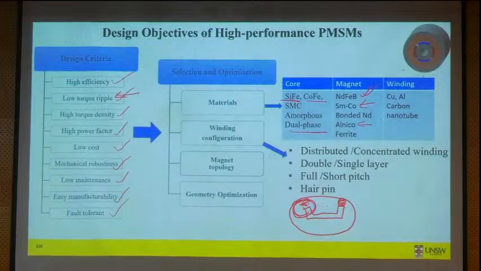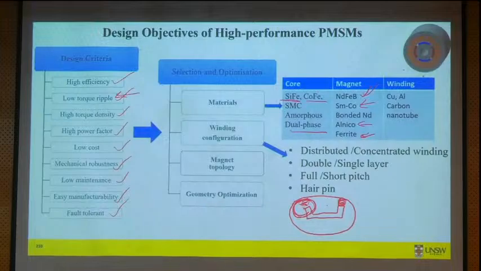So then even ferrite has been proposed to use with the traction motor, but again, as we know, you will be compromising in density. You will also be compromising maybe in the fault tolerance, because ferrite can demagnetize easily. So design may need special consideration during optimization.